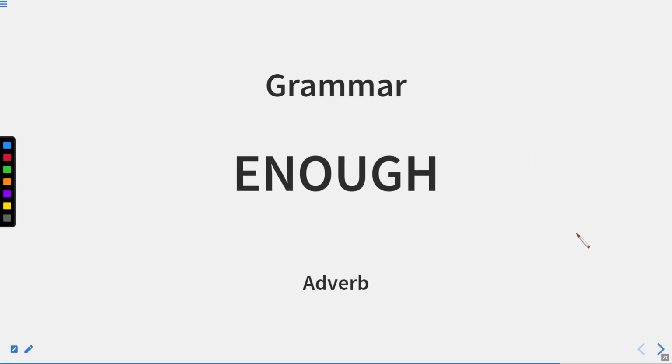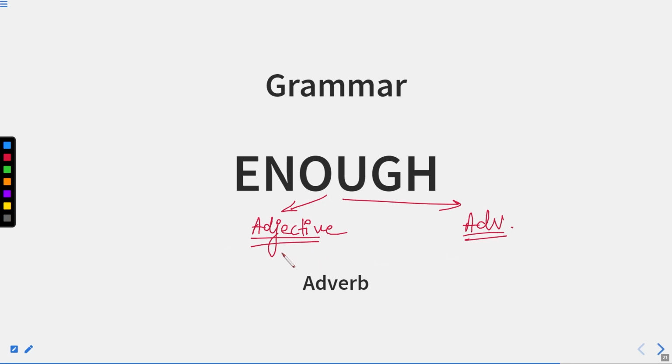Now we'll read the use of enough. Enough is again an adverb, but it can be an adjective as well. We have discussed this word before, so I'm just going to describe it briefly, because I've already told you this in detail. Enough can be an adjective and it can be an adverb as well. What happens if it is an adjective?